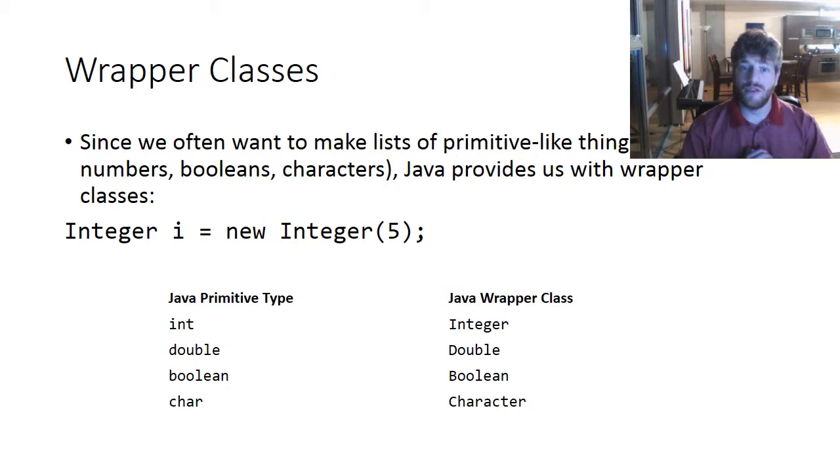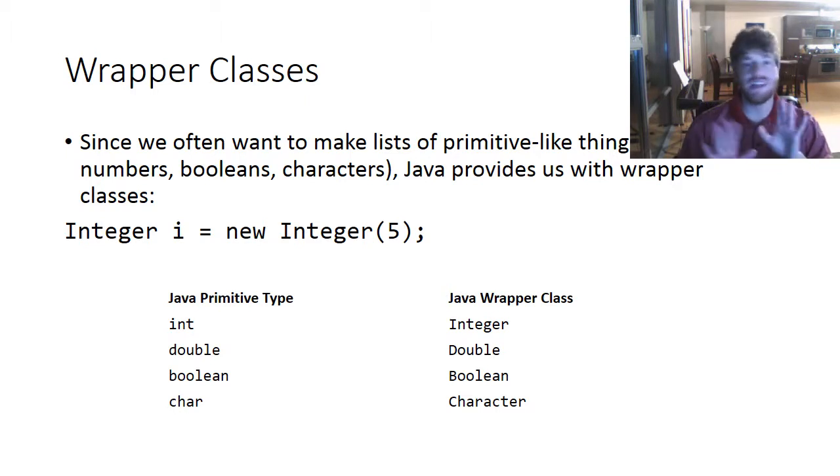Now, the way that we make a new object of a particular wrapper type is the constructor takes one argument, and that is the corresponding primitive value. So we see right here, I'm creating a new Integer object with the int primitive i.